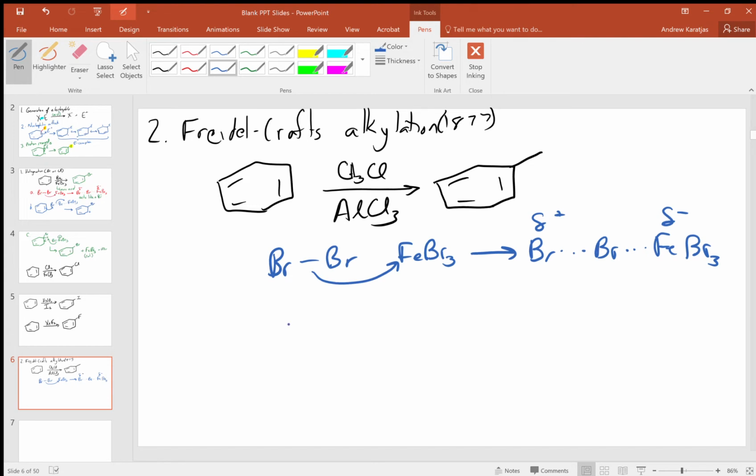Well, in the Friedel-Crafts alkylation, the reaction in the first step is the same.